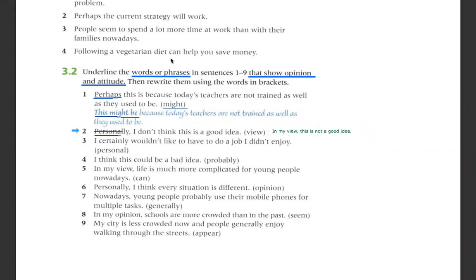All right, let's look at number 3. So first, which word in the sentence expresses opinion? All right, the word certainly. So let's take this out and rewrite it with this word.